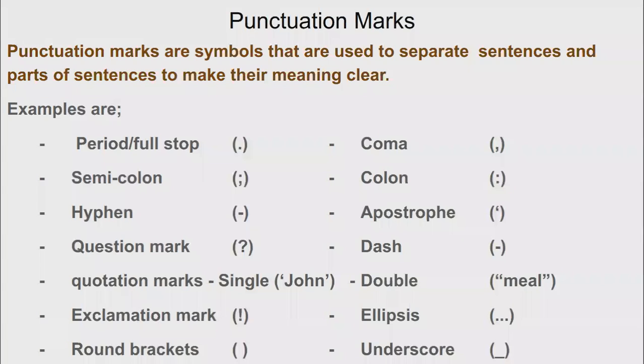Right, I was saying that punctuation marks are symbols that are used to separate sentences or parts of sentences so that they make the meaning clear. You may be familiar with what we call the period or the full stop, the comma, the semicolon, the colon, the hyphen, the apostrophe, the question mark, the dash, quotation marks, and you have single quotation marks and double quotation marks, the exclamation mark, the ellipsis, round brackets, the underscore.